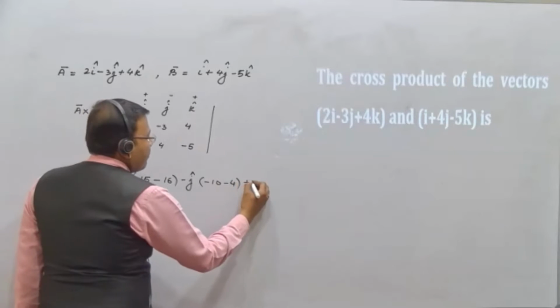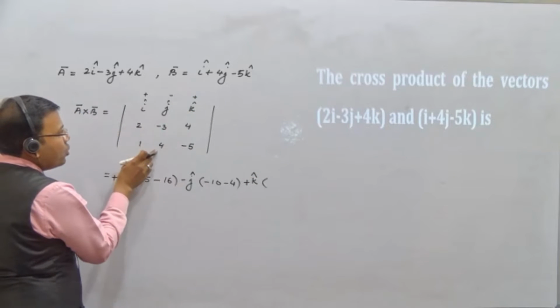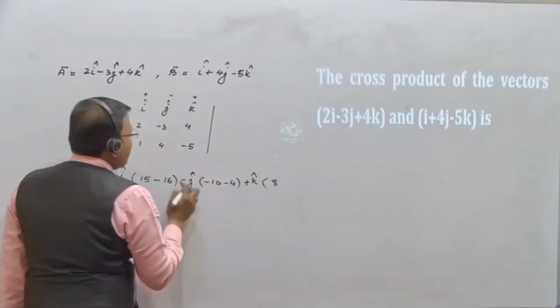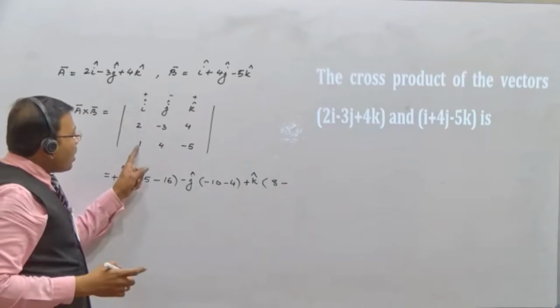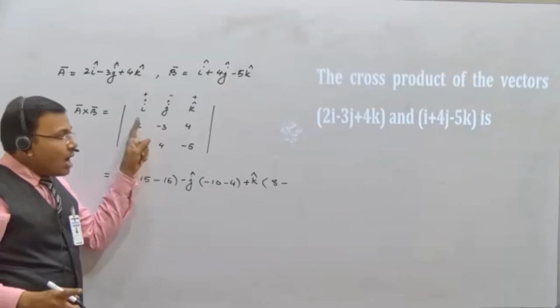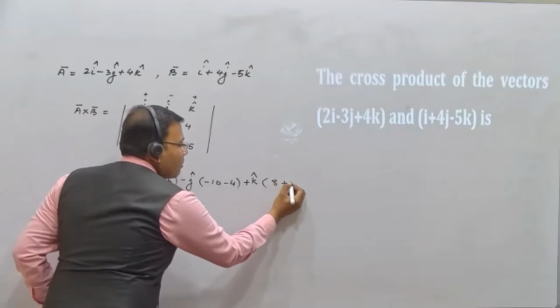Then k. For k, you have to leave the column of k. So it is 2 into 4, it is 8. Then when we are going up, minus 1 into minus 3 is minus 3, and with the formula minus, it is plus 3.